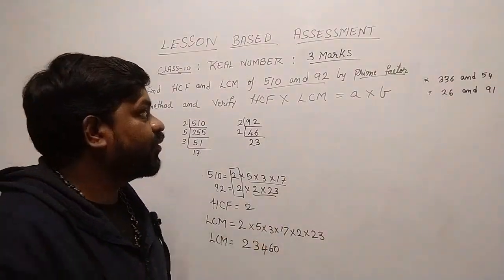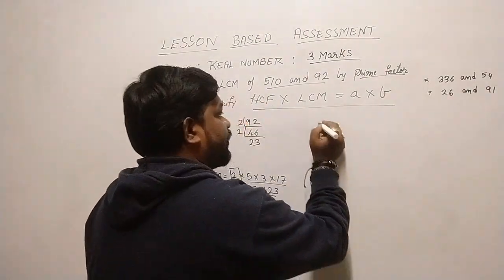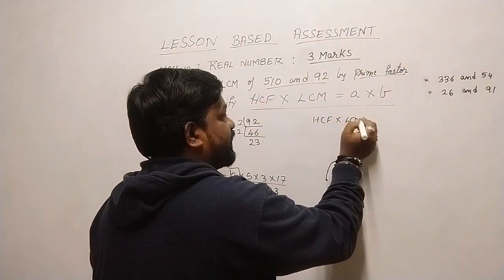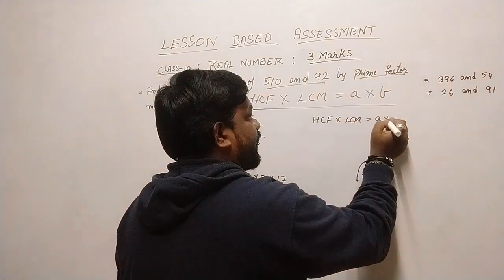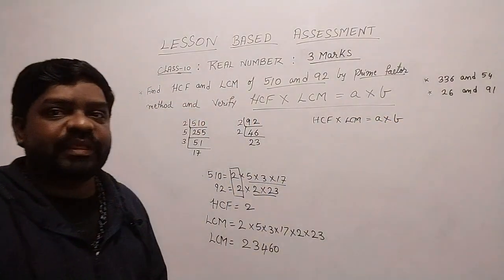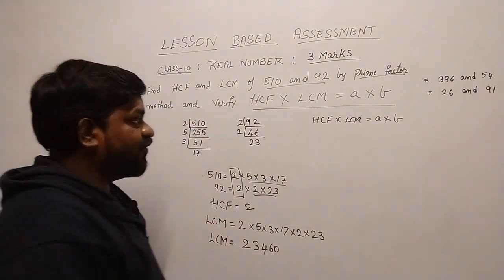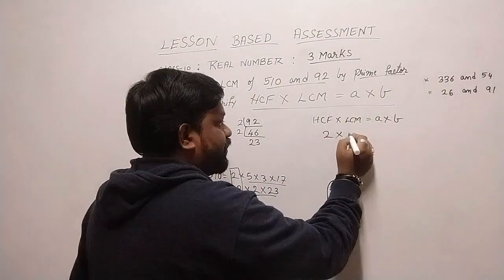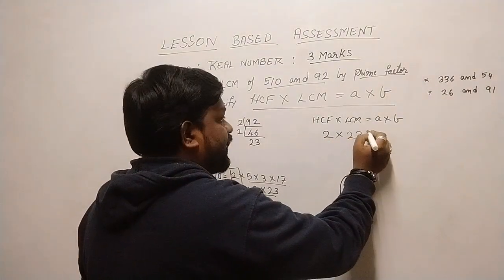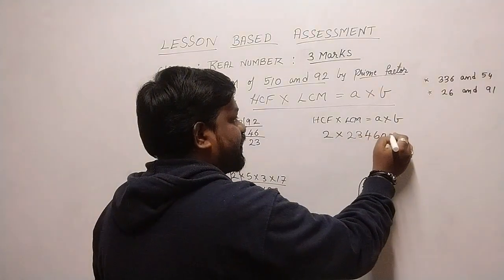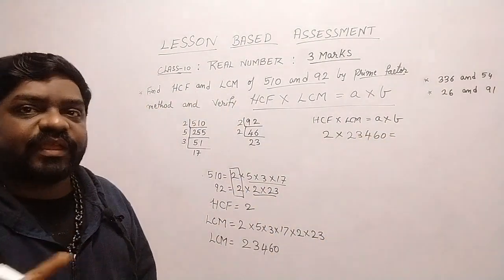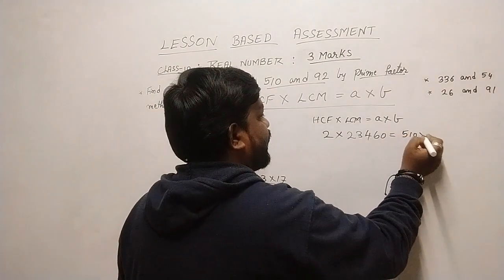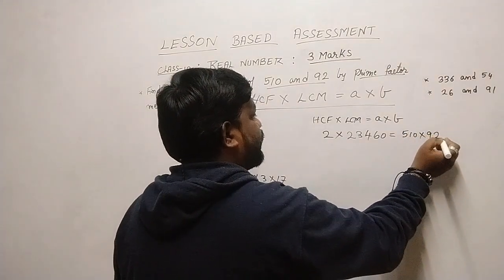Now we need to verify it using HCF into LCM equals a into b. HCF is 2 and LCM is 23,460, and a and b, the two numbers, are 510 and 92.